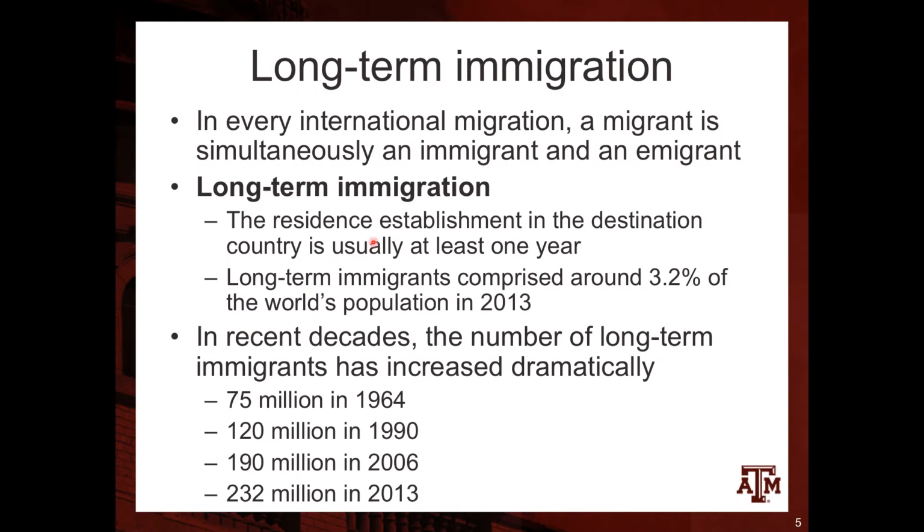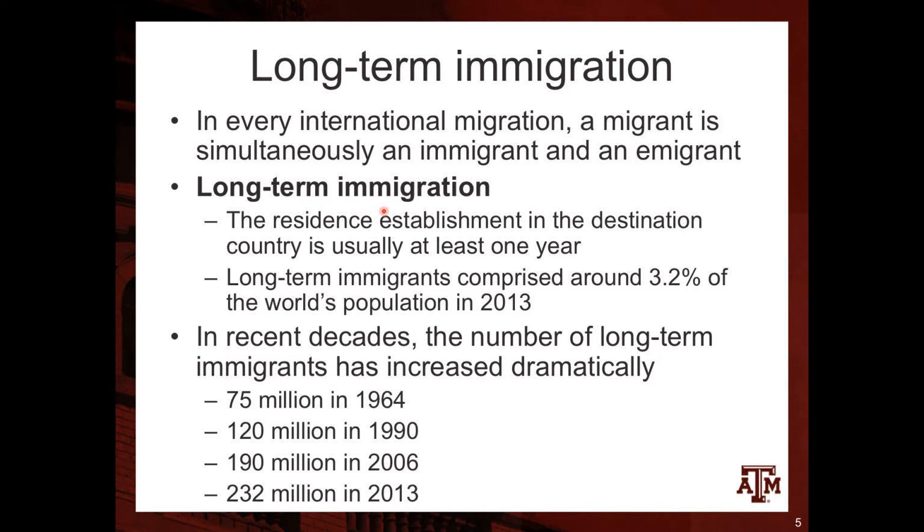So in every international migration, a migrant is simultaneously an immigrant and an emigrant. So exactly what I mentioned before about the migration from Mexico to the US, if I'm focusing on the effects in the area of origin, I'm talking more about emigrants. And if I'm focusing more on the effects in the area of destination, I'm talking more about immigrants.